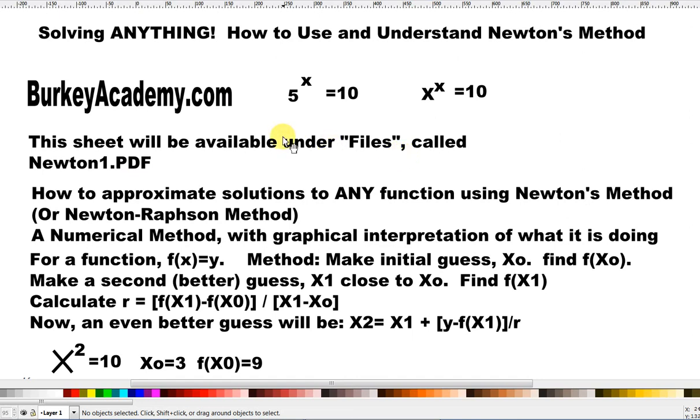Now, when you say exact answer, what we mean in math is an analytical solution. In many cases, there is no exact answer. We have to approximate it.